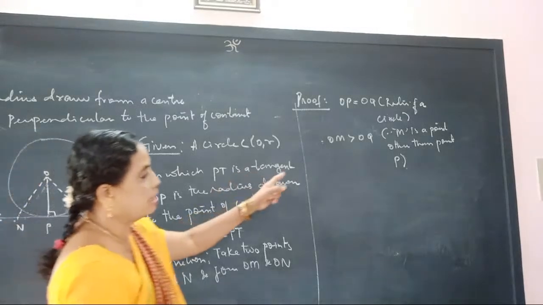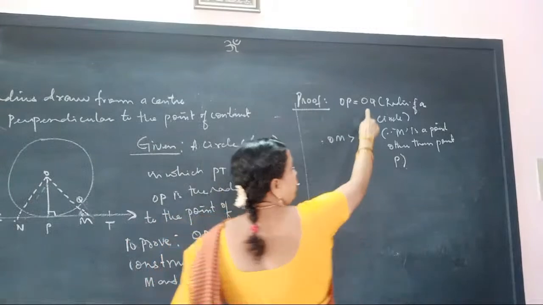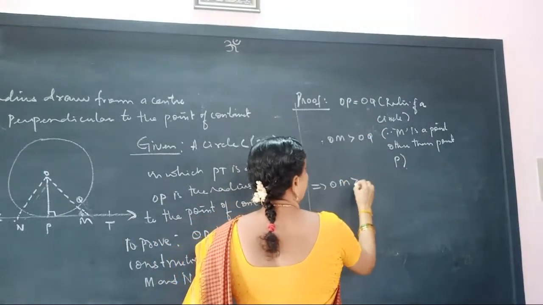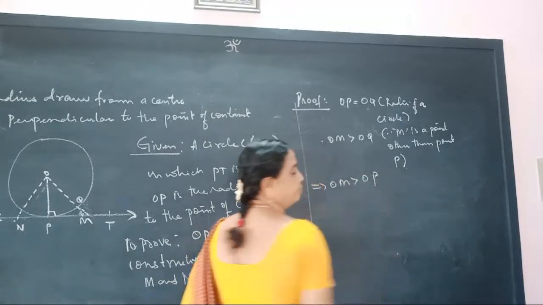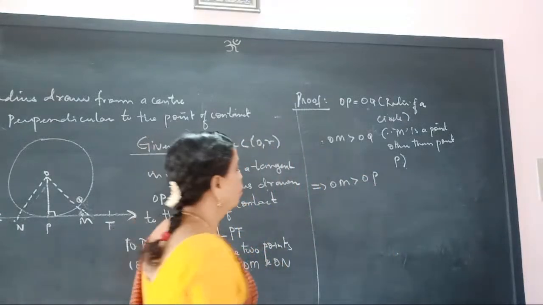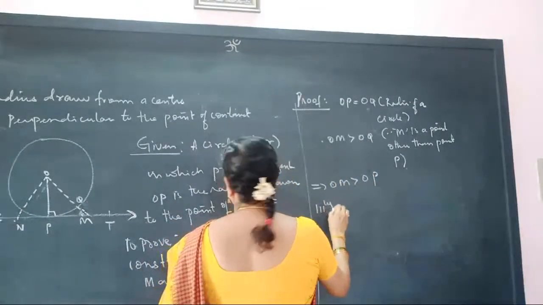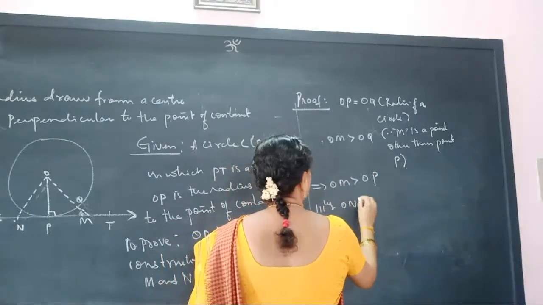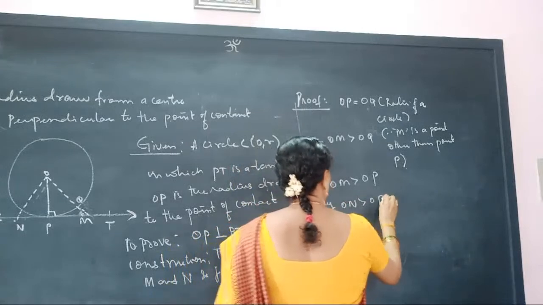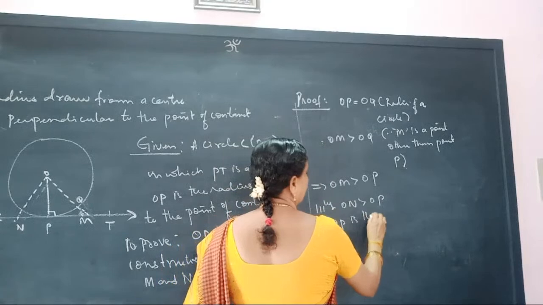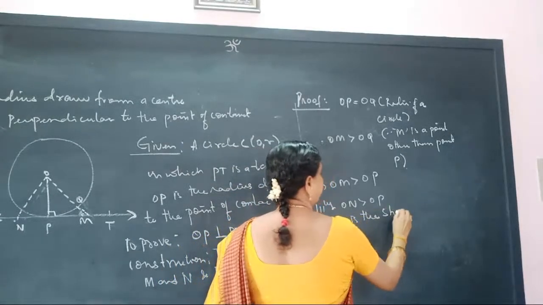OM is greater than OQ, but OQ equals OP, which implies OM is greater than OP. Similarly, ON is greater than OP. Therefore, OP is the shortest side.